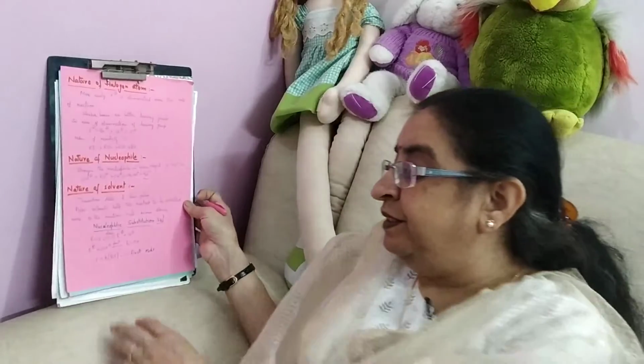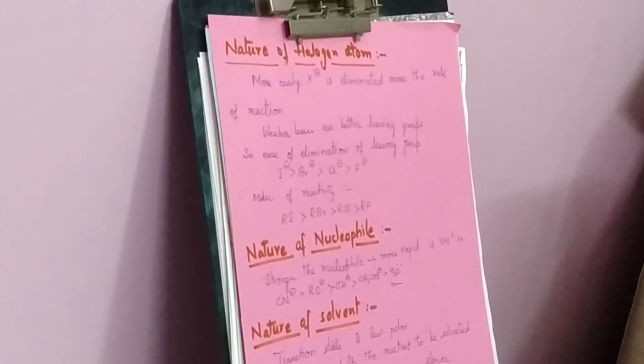This you can see here. Is it clear to you? The alkyl halide here. Now can you see this alkyl halide clearly?